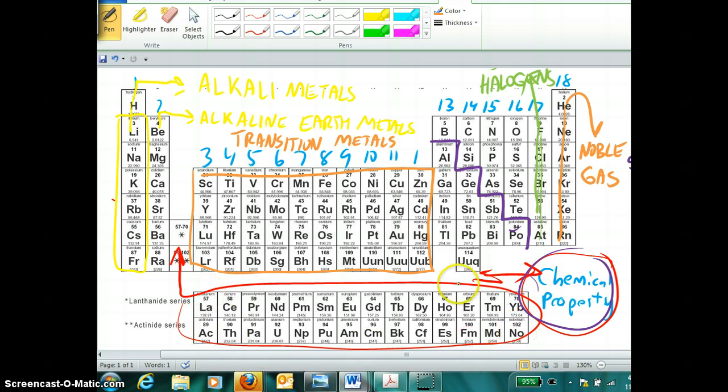And then this bunch down here, which is also metals, are often called the rare earth metals. And in fact, they are rare. And some of them, as a matter of fact, are man-made. They don't occur naturally, and that makes them, of course, pretty rare.